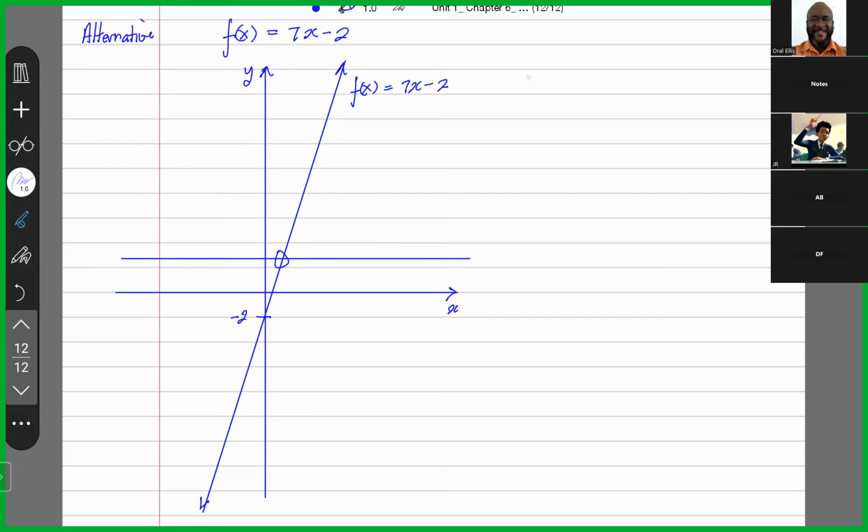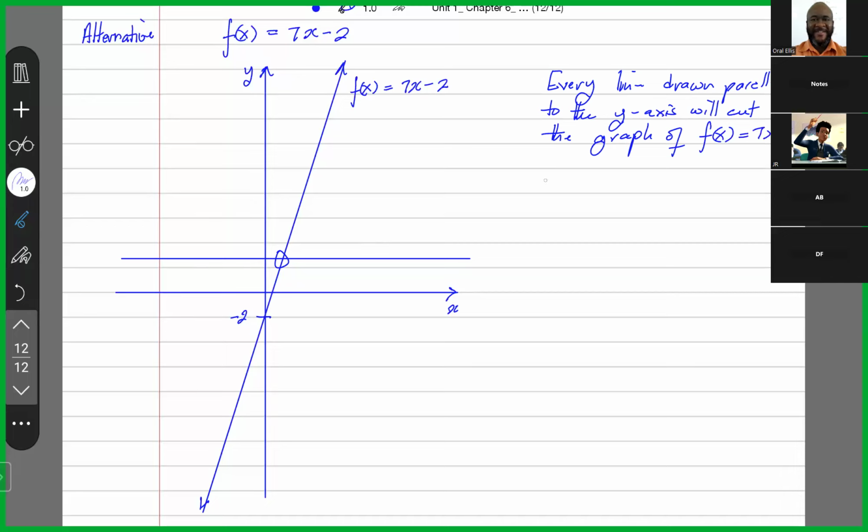So I can make my comment that every horizontal line, if every line drawn parallel to the x-axis will cut the graph of f of x is equal to 7x minus 2 at least once.